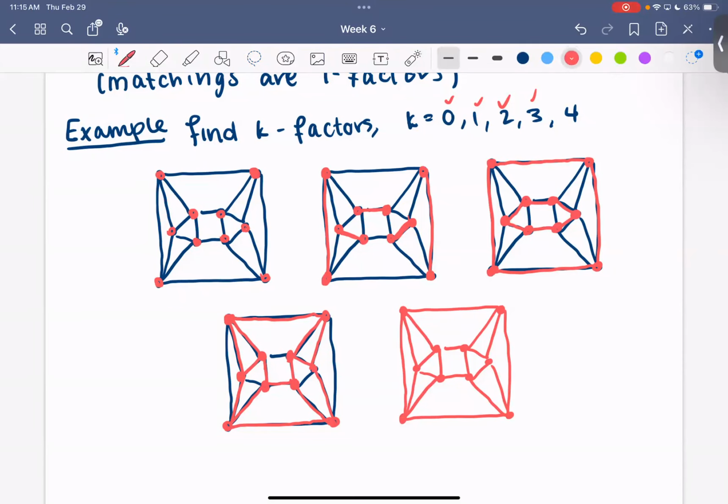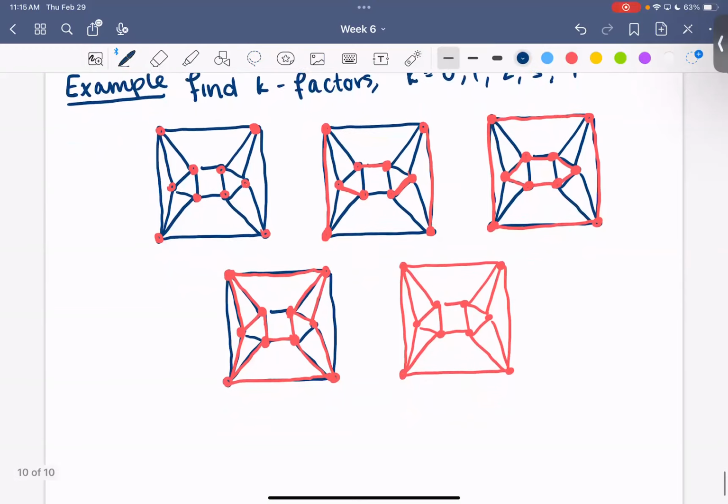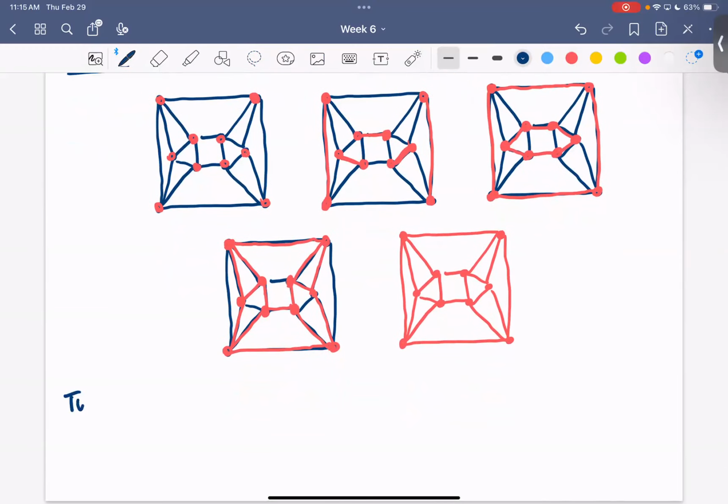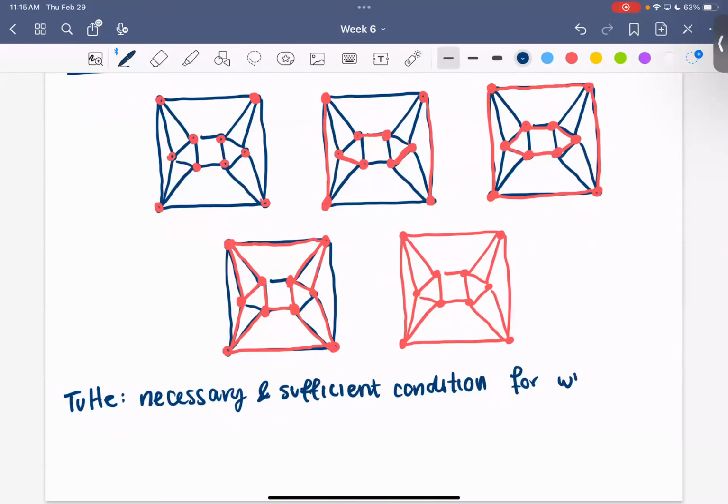There's a generalization of this given by Tutte. So Tutte gives a necessary and sufficient condition for a graph to have a 1 factor.